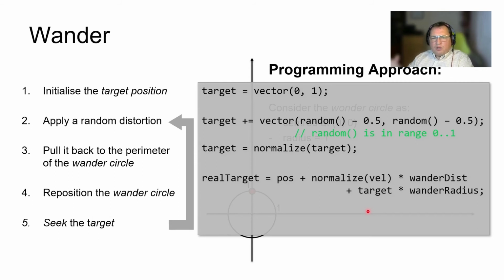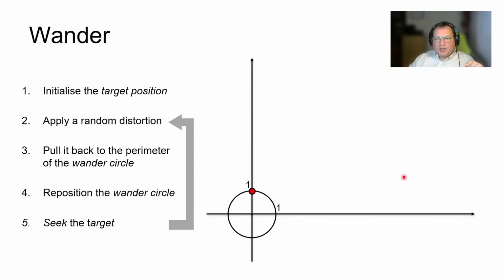So now, when we have this target position calculated in the small circle in the center of the coordinate system, we can find the real target in front of the agent by adding together the position of the agent, the Wander distance multiplied by the normalized velocity vector, and okay, don't worry, I will show this on the graphical diagram.